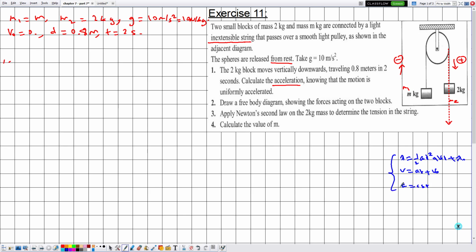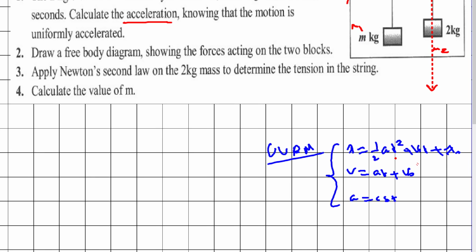These are for uniformly accelerated rectilinear motion. I will not write the equations related to uniform motion because we already know that the type of motion is uniformly accelerated, and we are interested in determining the acceleration. Notice that acceleration appears in this equation and in this equation. We don't know the final speed, however we know the distance, which is x minus x0, and we know the time. Then we can use this equation in order to determine the value of a, knowing that it starts from rest.